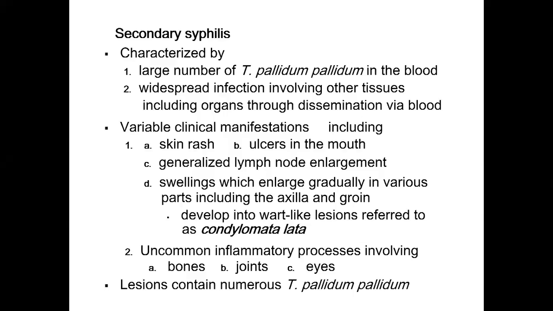And eventually they form wart-like lesions which resemble warts, and these particular ones are referred to as condylomata lata. Commonly, one might have some inflammatory processes also involving other tissues like the bone, the joints, and the eye. But whatever specimen is examined, or whatever develops in secondary syphilis, it has numerous Treponema pallidum subspecies pallidum.